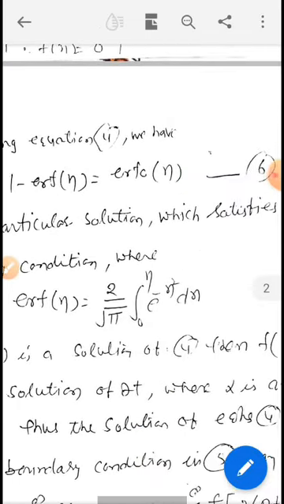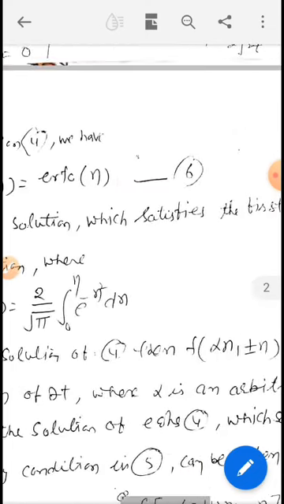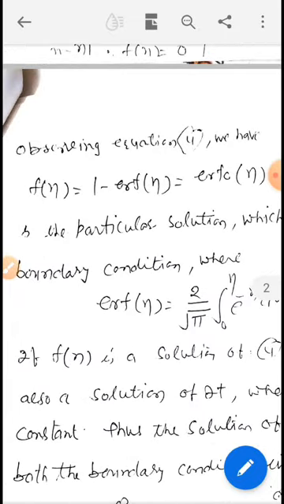Observing equation 4, we get f(η) equal to 1 minus erf(η), and we know very well that 1 minus the error function of η is the complementary error function, and this is equation number 6.